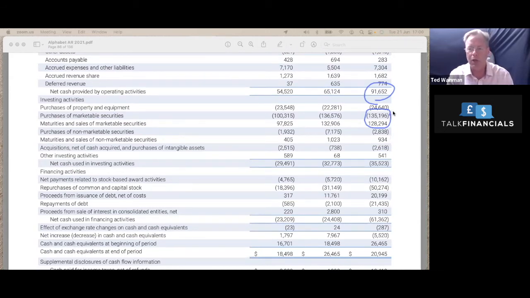There's a little bit of distortion going on there, but they are buying property, plant and equipment. They are investing in the business, and there's usually a little bit of buying non-marketable securities, which is kind of investments and acquisitions of other companies. So about 36 billion they're spending on investing.